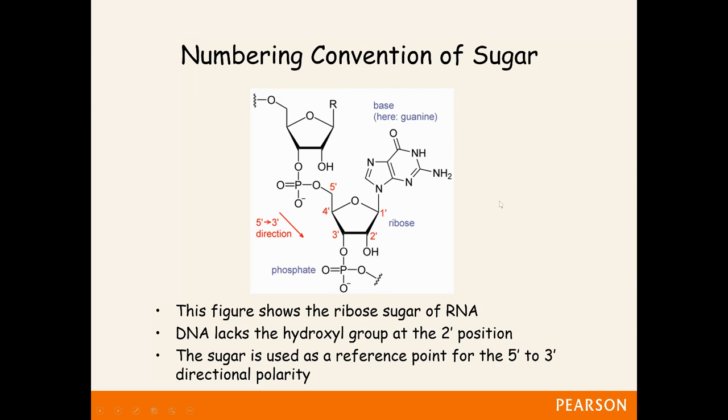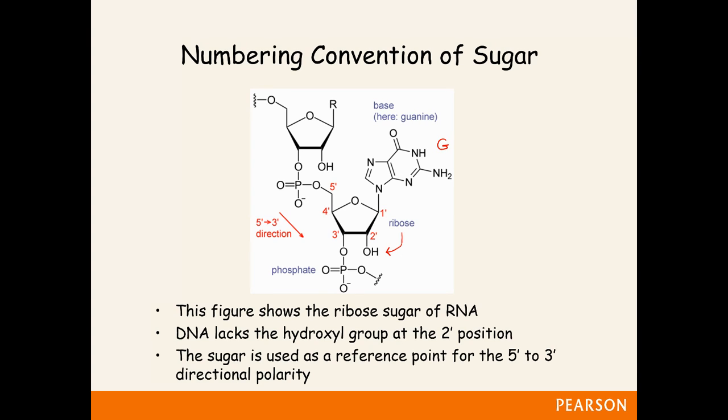Okay, so this is once again going to show us a very important thing for the rest of our discussion. Here's our nitrogenous base, guanine. It's attached through that beta linkage to carbon 1 on the ribose. See how that's ribose?